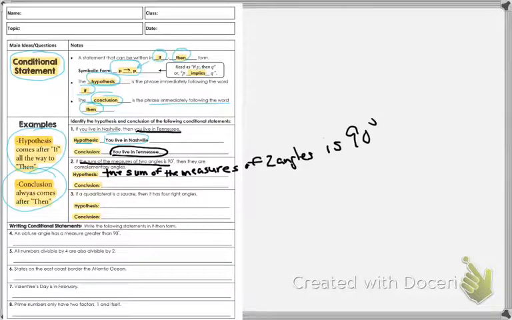I write too big. The conclusion always follows then, so I will write the conclusion. They are complementary angles.